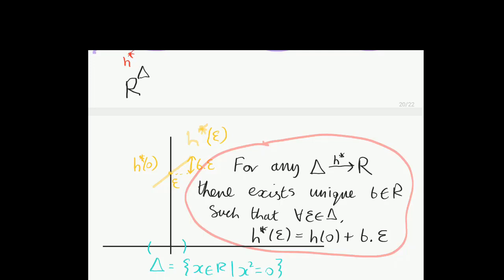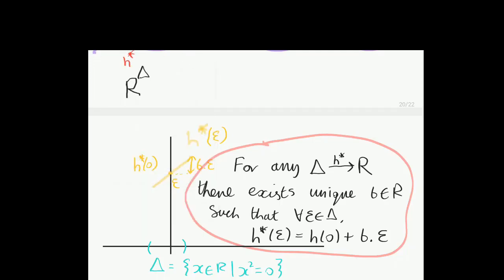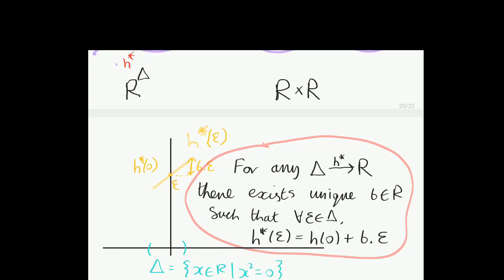Now here's the big claim. The big claim is that r to the power of delta is actually going to be isomorphic to this space r times r. In other words, every map from r to the power of delta can be described by two numbers, and here they are.